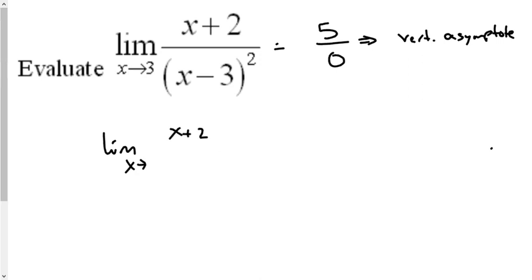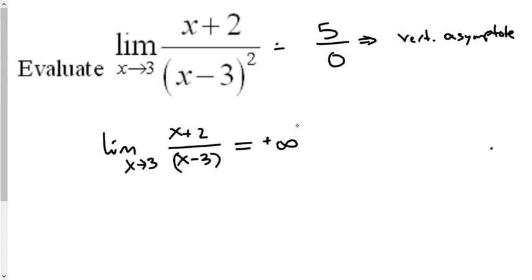Other people go by the convention of saying, you know what, that's approaching infinity. And so I actually like to say that as well. I would say that as x approaches 3, the limit is infinity, and it's positive infinity. It's going up. Again, some people are going to say, well, no, that's not true because it's got to approach a finite number, and there are logical arguments for that.